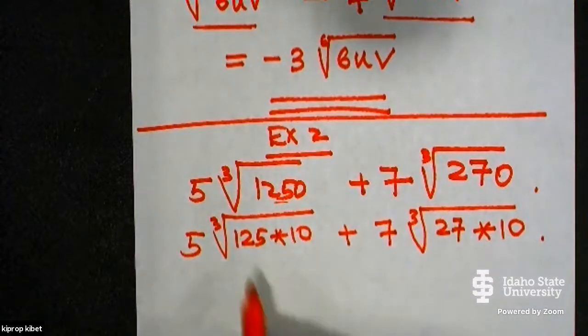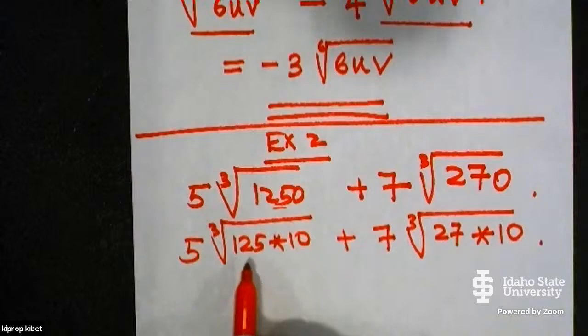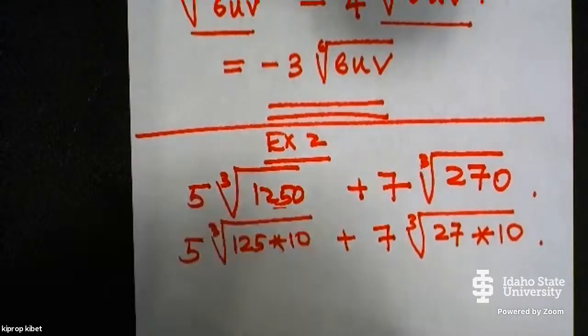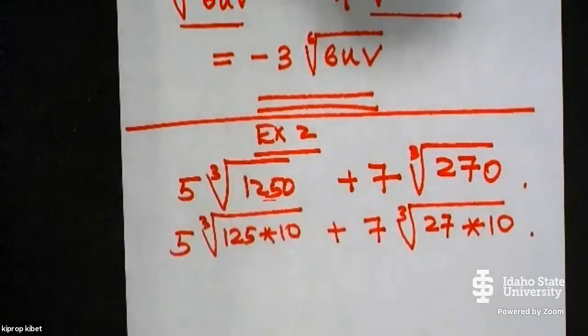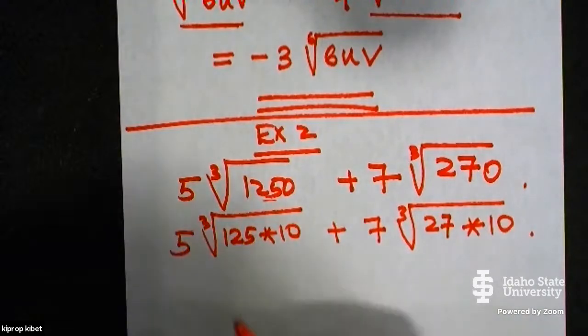Then looking at this, 125, what is the cube root of it? It is similar to what? Use the product rule for multiplying radicals.